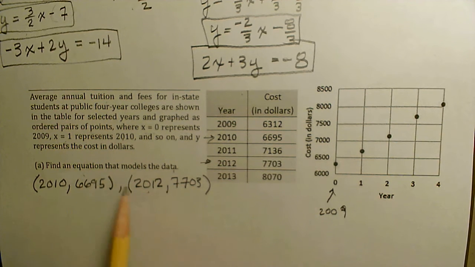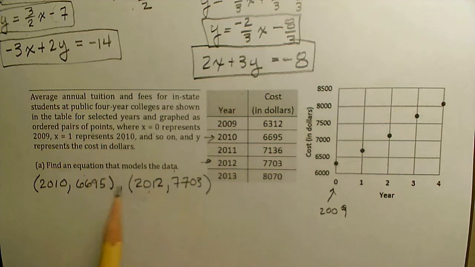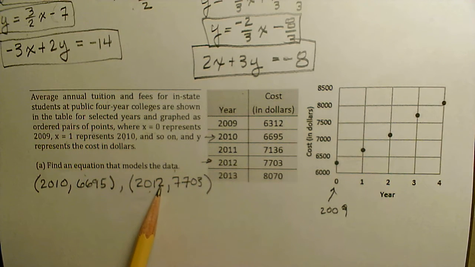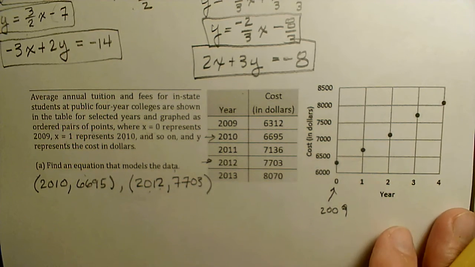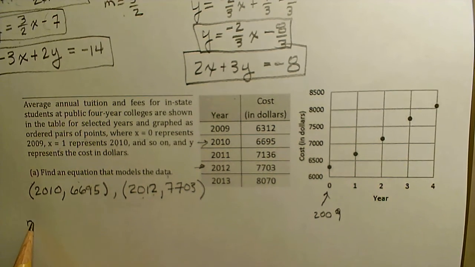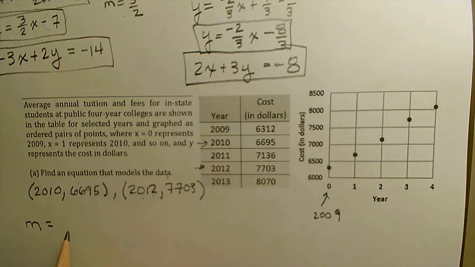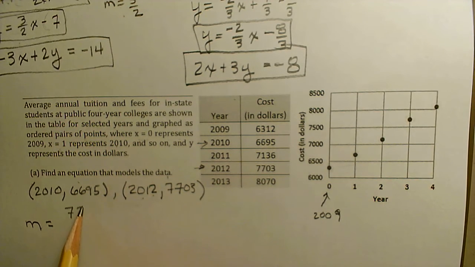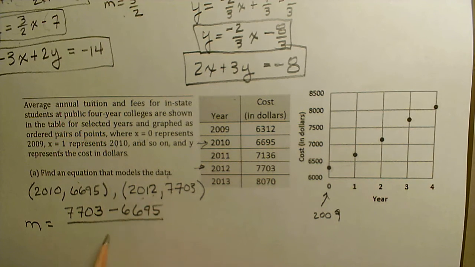It really doesn't matter because the difference of these is going to be the same whether we're dealing with 1, 2, 3 or the years 2000s. Okay, so let's find the slope first. The slope is 7,703 minus 6,695 over 2012 minus 2010.